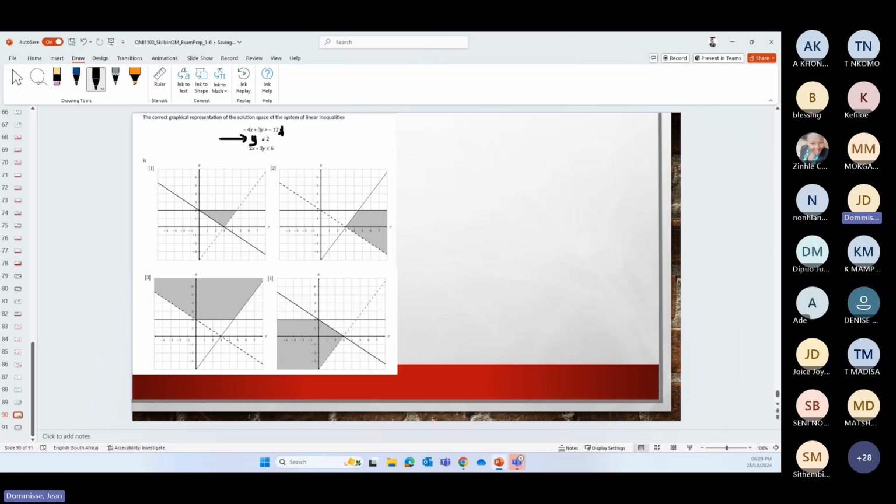Okay, so that one is the easier one to look at. So y smaller than 2. So this is our y graph, and it needs to be smaller, so it needs to lie underneath. So this still is possible, needs to lie underneath.